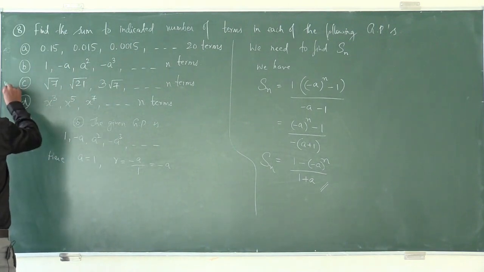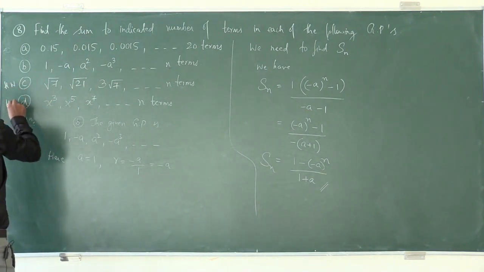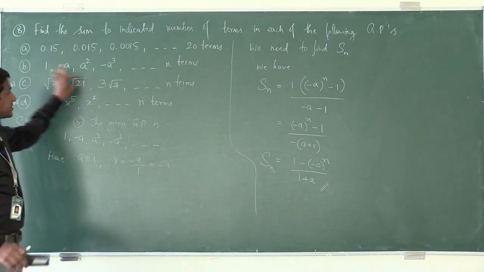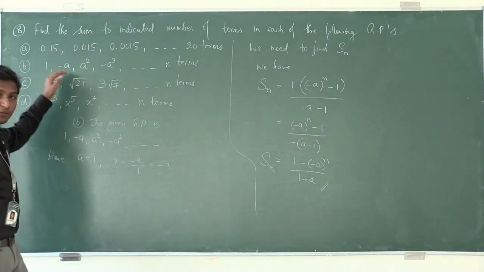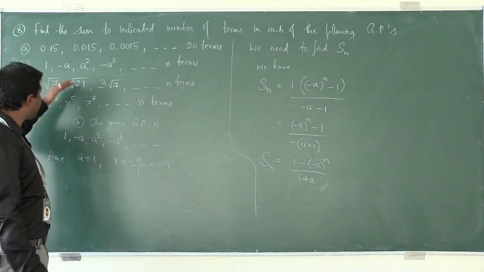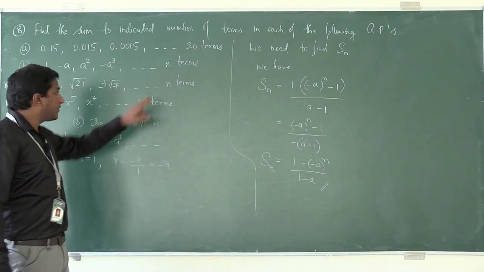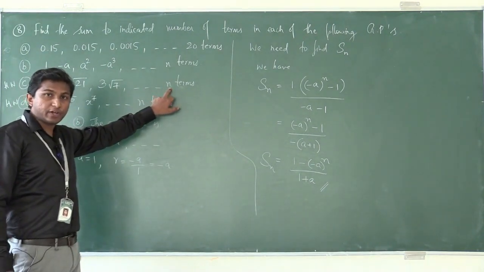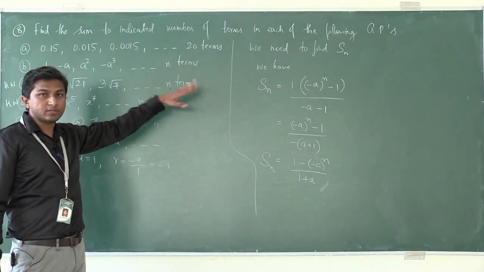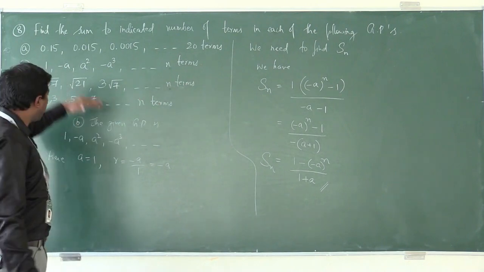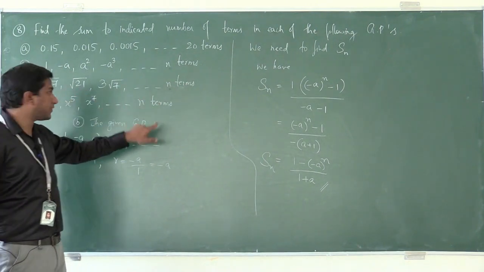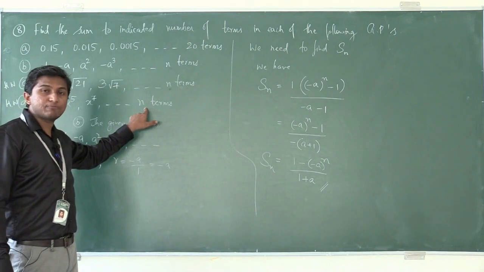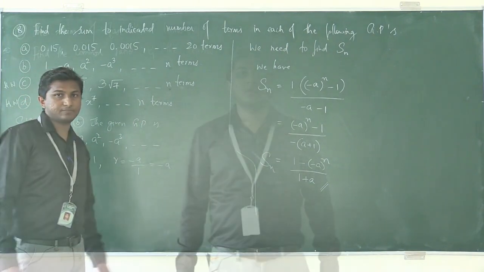Same method. First consider the given GP, write the first term, then find out the common ratio, then find the sum to n terms of this GP. Again for the last one, same method, find the sum to n terms.